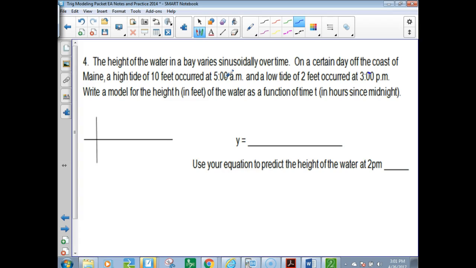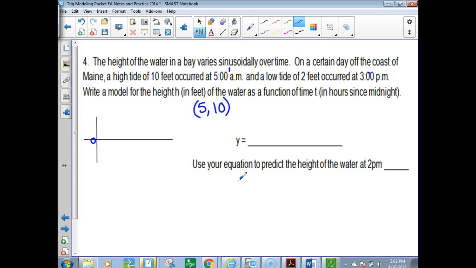So that's the beginning of the day. So if we decide to let my x-axis here be 0 at midnight, 5 a.m. is the x value. 5 hours have passed since midnight, and the maximum height is 10.